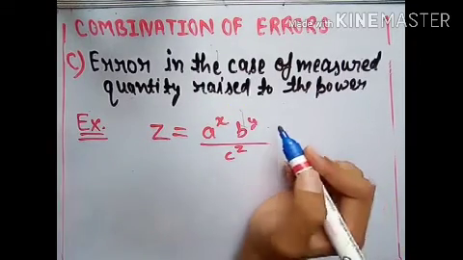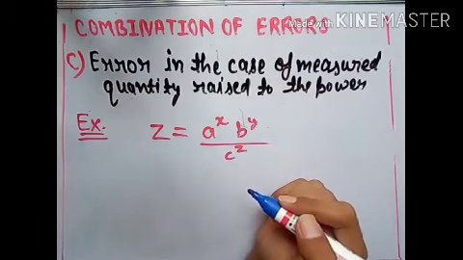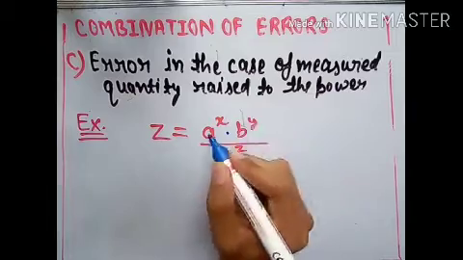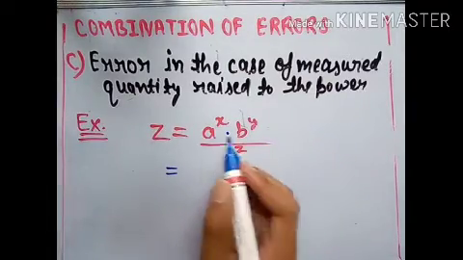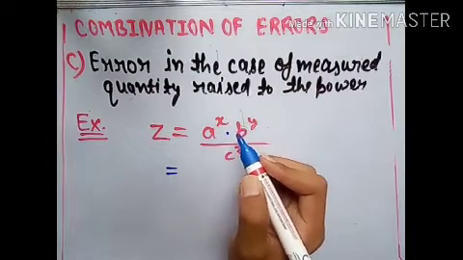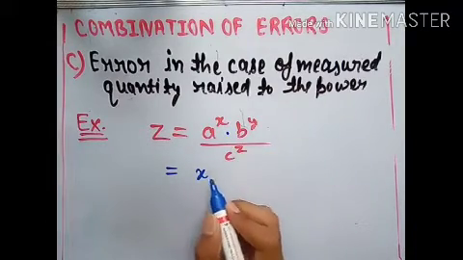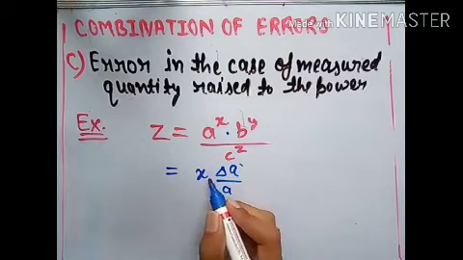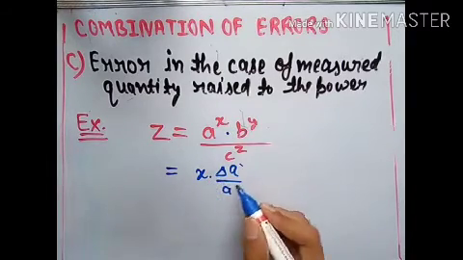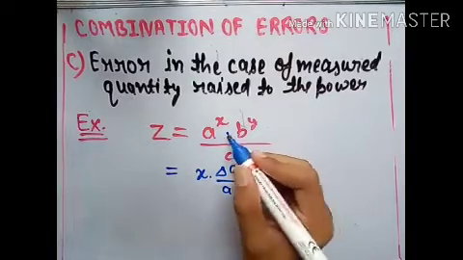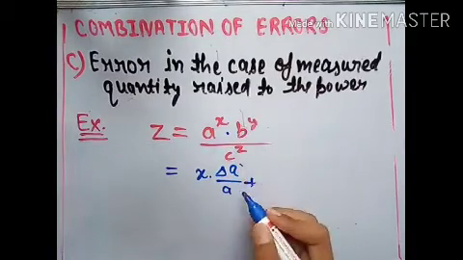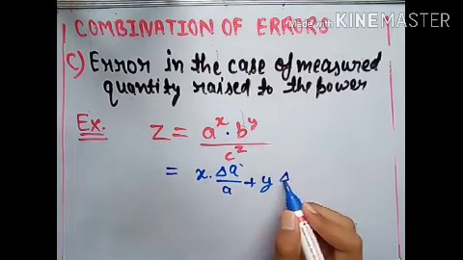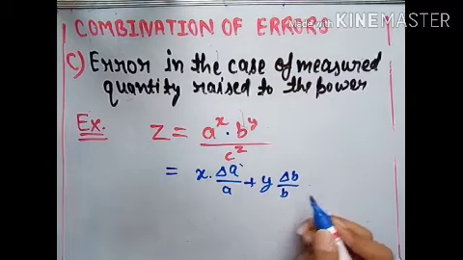Now I am taking an example to make clear the errors studied previously. Look here, this is multiplication. So for multiplication, how do we write the error? Because they have powers, this is the case of power. So x will be here and delta a upon a. This is the relative error and x is the coefficient. Then again, the two quantities are multiplied, but their errors will be added. So put a plus sign, write y, then delta b upon b.